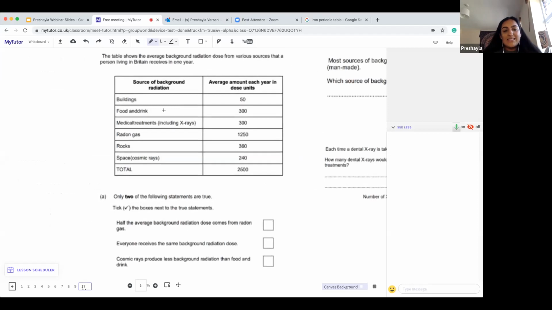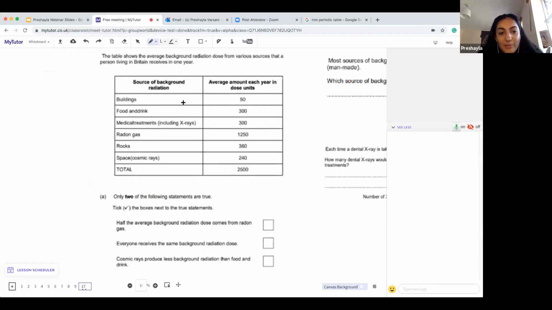So this is an exam question taken from the AQA exam board about the average dose of background radiation that the average person receives in Britain. You can see the source of background radiation and the average amount each year in dosage units.